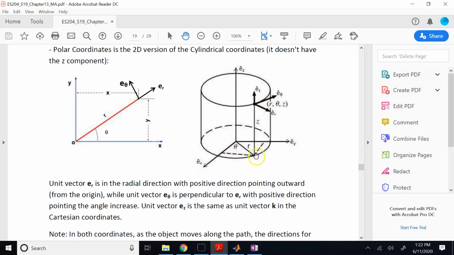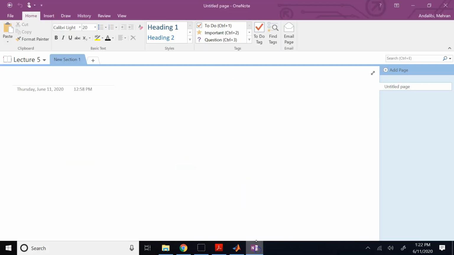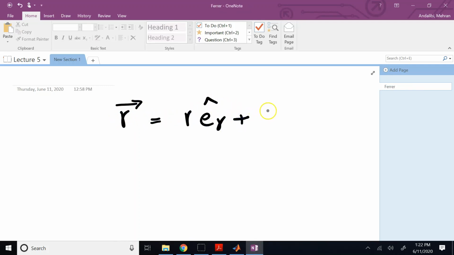So if I add these two vectors, r e_r plus z e_z, or z times k, then I'm going to get my total position vector, right? So that's what we say. In the cylindrical coordinates, the position vector R is given by r e_r plus z e_z.